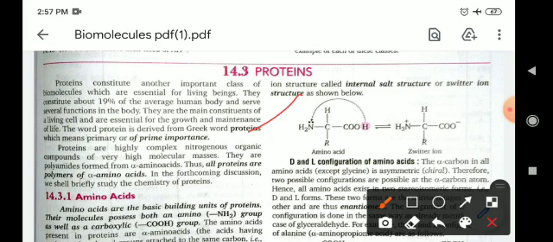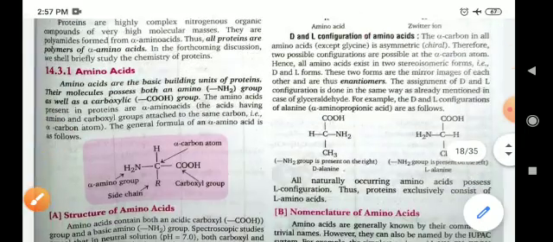The hydrogen of the carboxylic acid goes to the basic amino group and forms this zwitterion. It is known as the zwitterion because in this structure two different ions are present, that is the ammonium ion and the carboxylate ion.